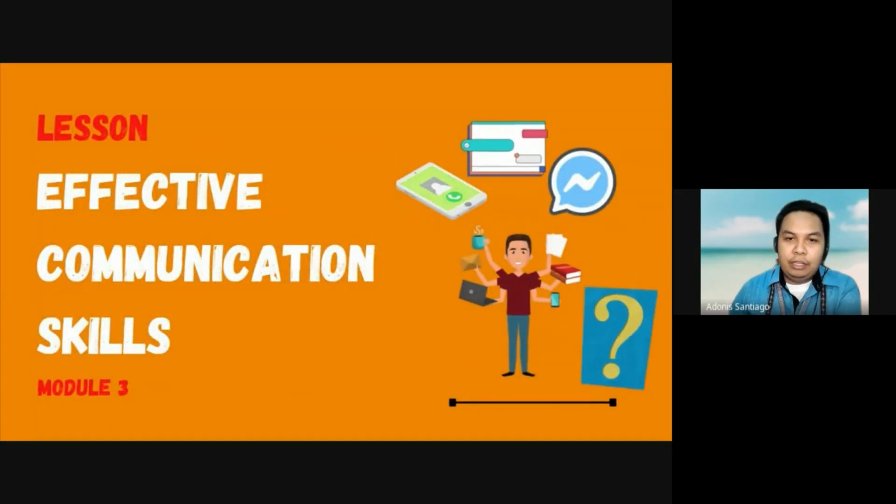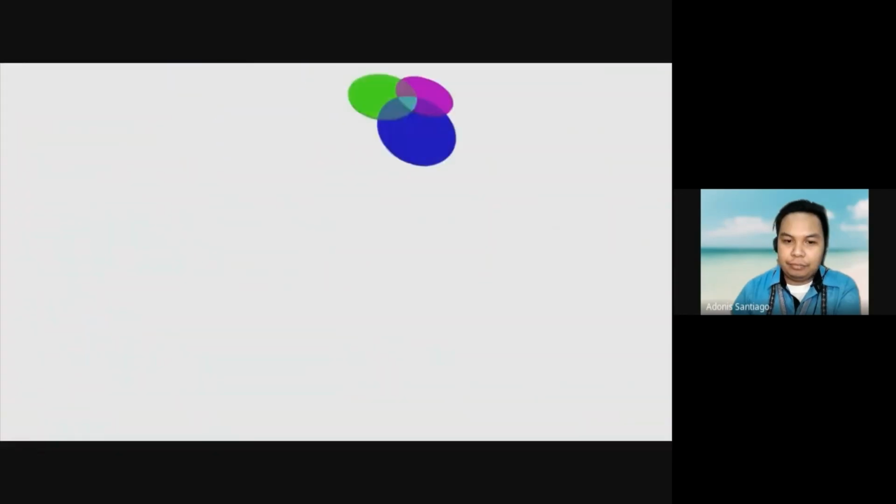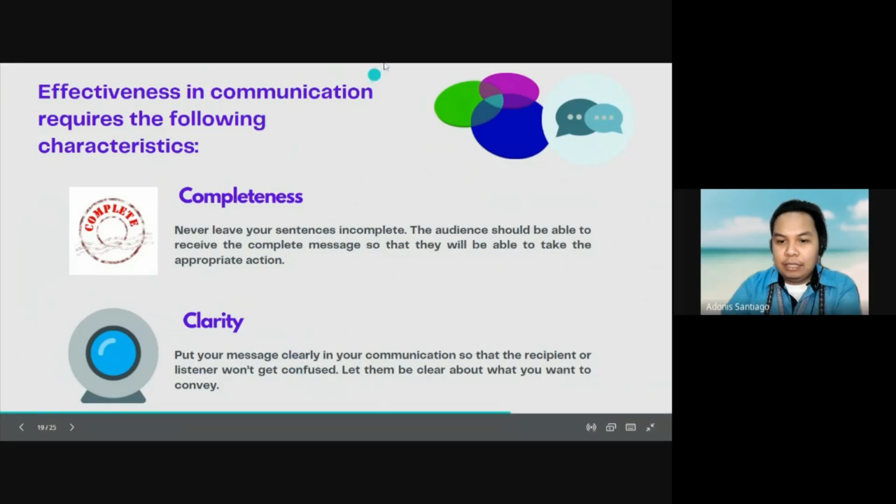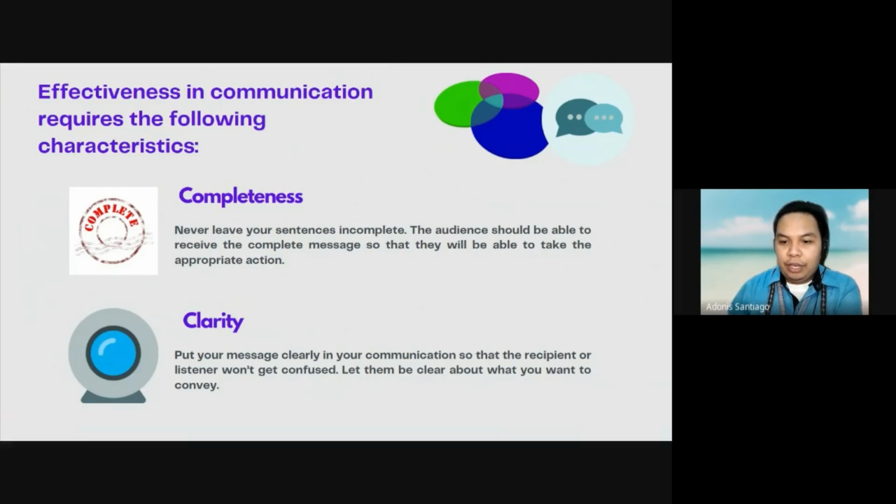Let us now proceed to lesson 3, the effective communication skills. The effectiveness in communication requires the following characteristics. First and foremost, we have the completeness. This means that we never leave our sentence incomplete. Okay?